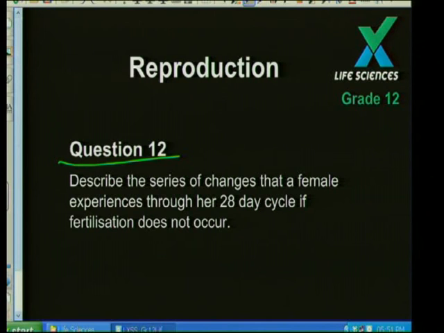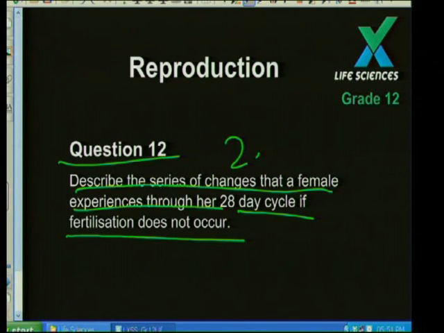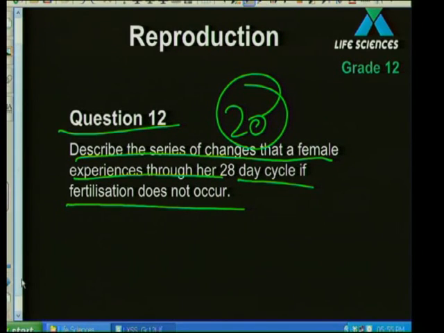Question 12 says, describe the series of changes that a female experiences through her 28-day cycle if fertilization does not occur. Remember, this is usually 20 marks. In terms of the essay, remember in life science, you are not required to write long stories. The best thing in an essay is to restrict your essay to a maximum of about 1.5 pages.